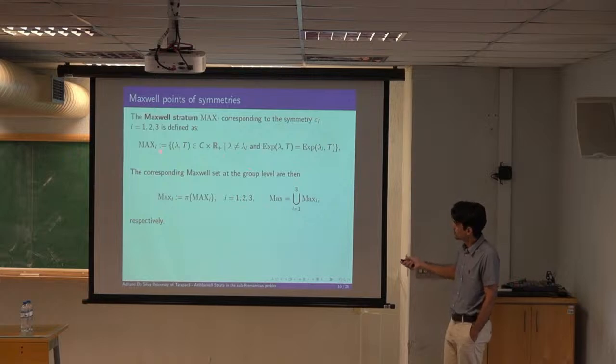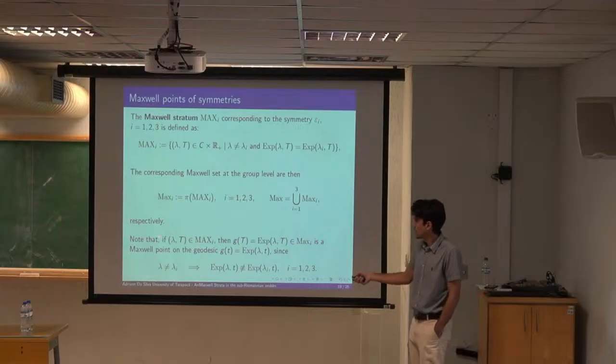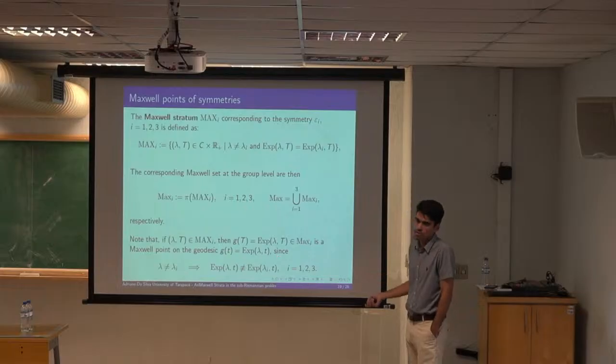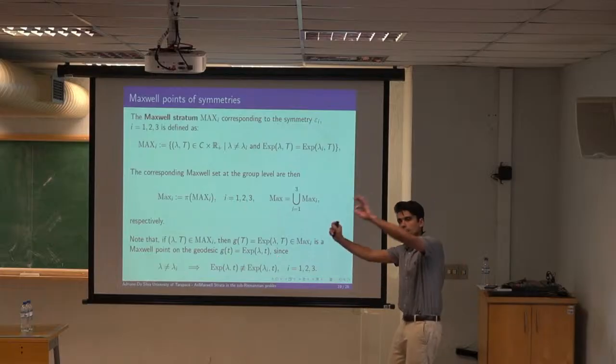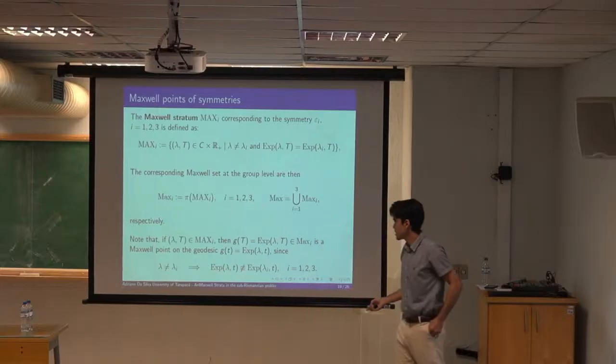We define the Maxwell set I associated with the symmetry epsilon I, and their projection to the group as the Maxwell set. Of course, by construction, if a point belongs to the Maxwell I, then this point is necessarily a Maxwell point, because you start at the origin and you connect there by definition. Okay, that was the basic idea.